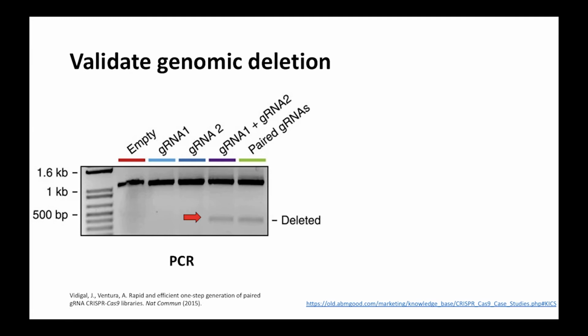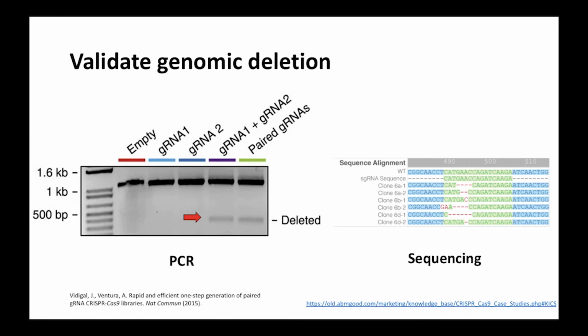So performing a PCR is definitely important to validate the genomic deletion, but more important than that is sequencing. So generally, samples are sent out for either Sanger sequencing or next generation sequencing to confirm that you have successfully altered the gene and deleted exactly what you wanted to delete.